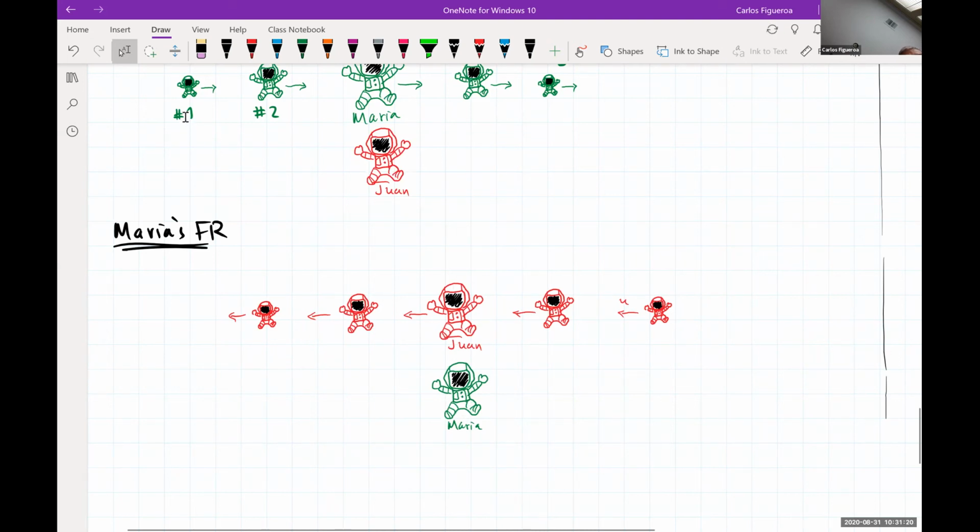So if Maria is going to the right, according to Juan, then for Maria, it's Juan that's going to the left, starting from far away, moving in, moving out. But no observer can say that they have the right viewpoint. There are two stories that describe one and the same situation from two distinct but equally valid points of view.